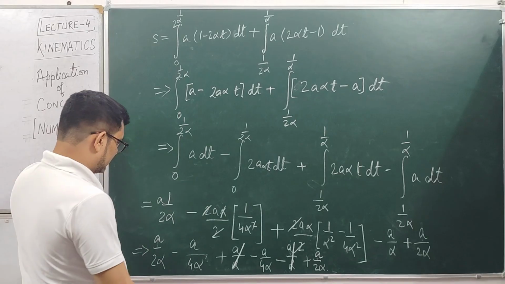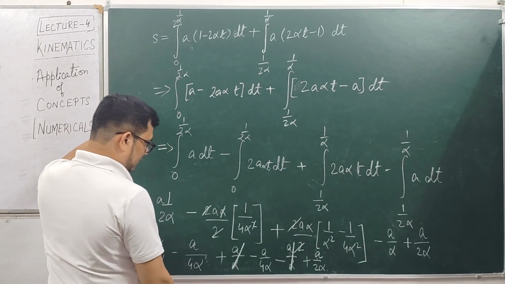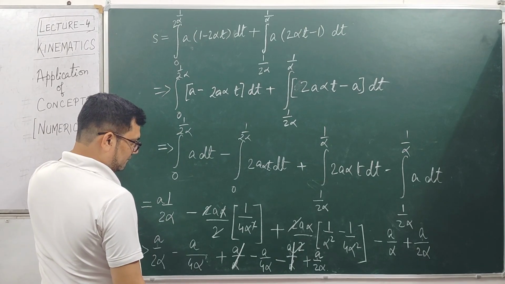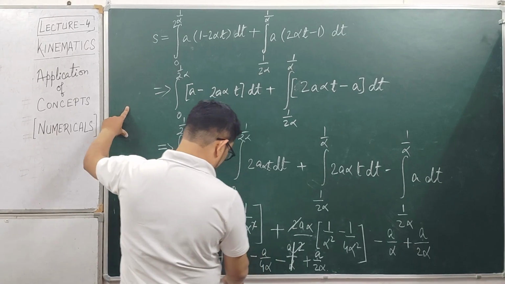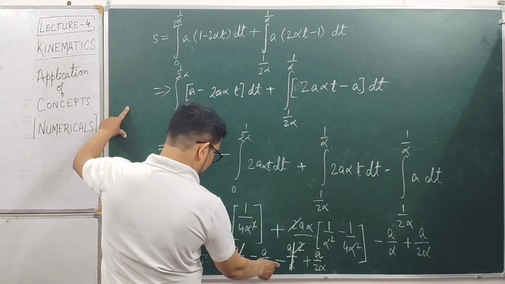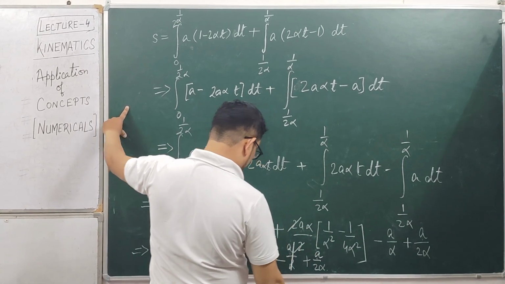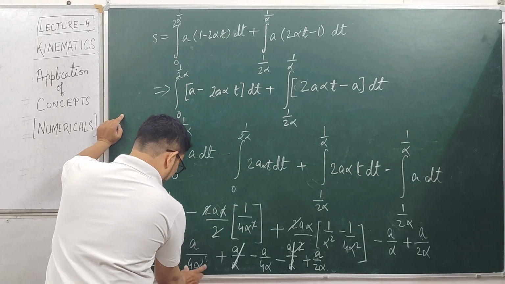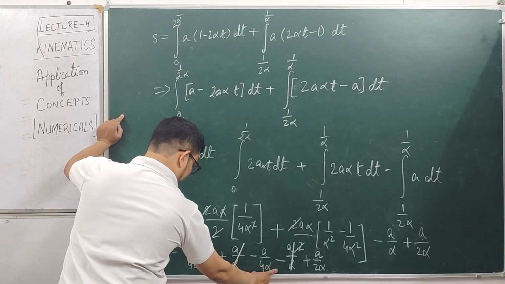Now here it is a by 4 alpha, and here we have minus and minus. So this becomes here minus, and we get this minus this. So this becomes a by 4 alpha minus a by 4 alpha.